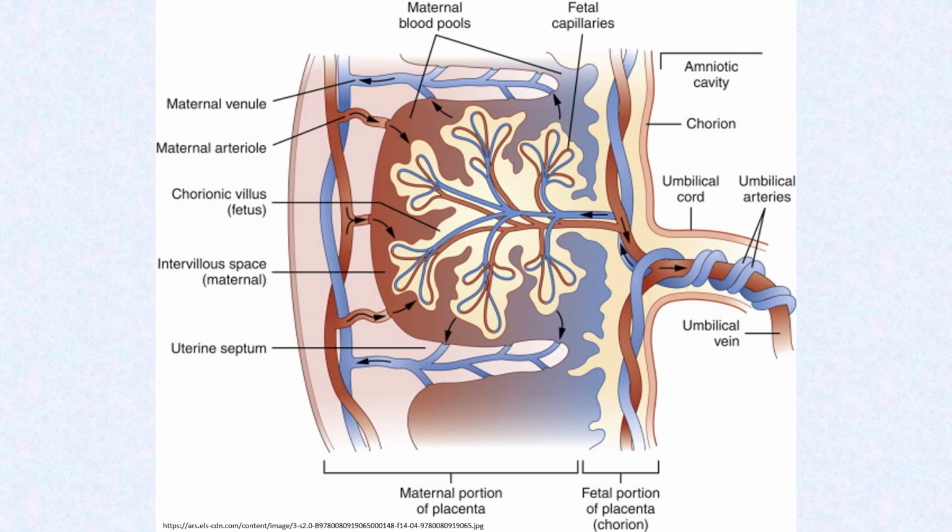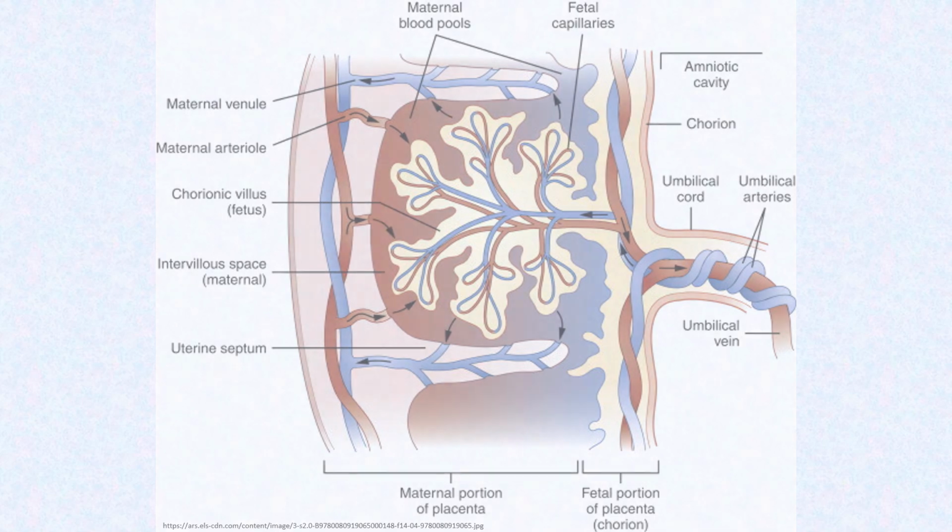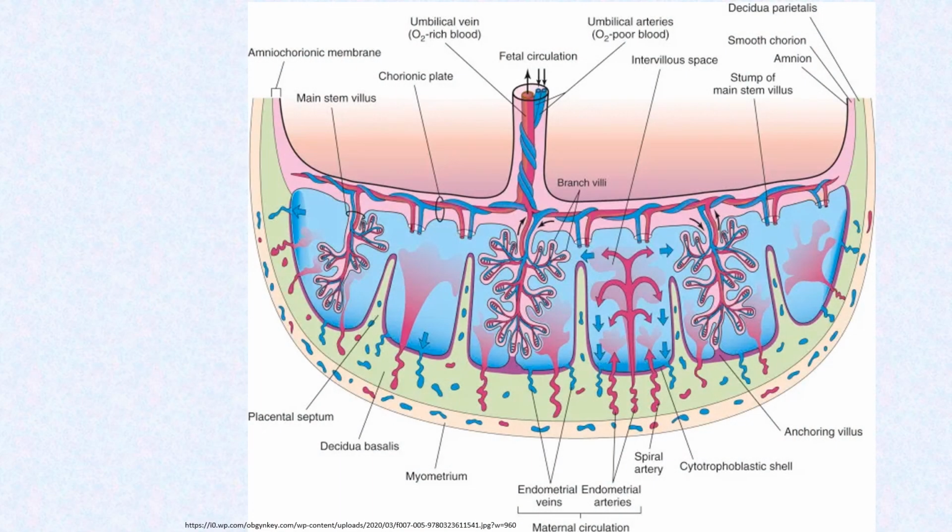The placenta consists of a fetal and a maternal component. The fetal component is the part of the chorionic vesicle represented by the chorion frondosum. It consists of the wall of the chorion, called the chorionic plate, and the chorionic villi that arise from that region. The maternal component is represented by the decidua basalis, but covering the decidua basalis is the fetally derived outer cytotrophoblastic shell.